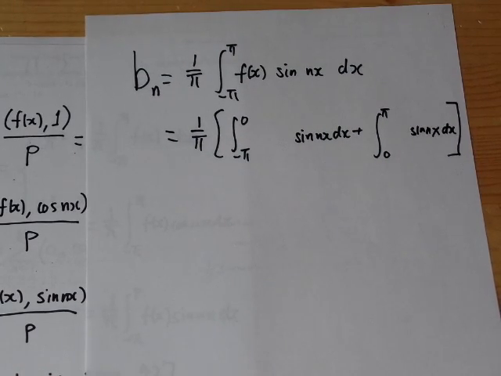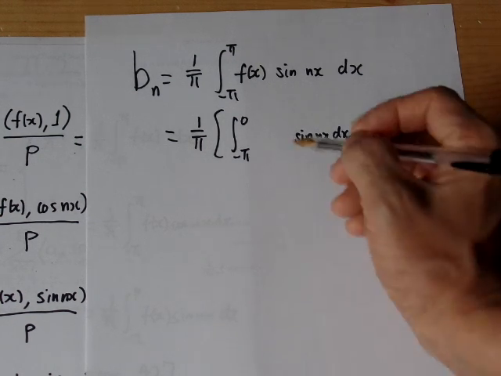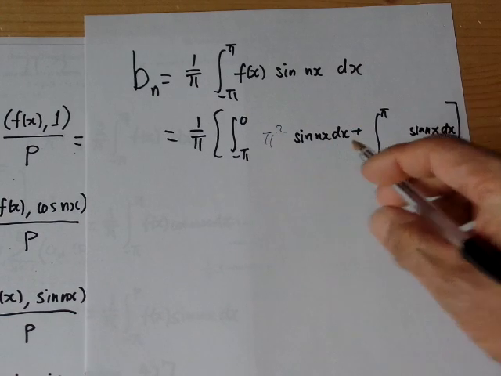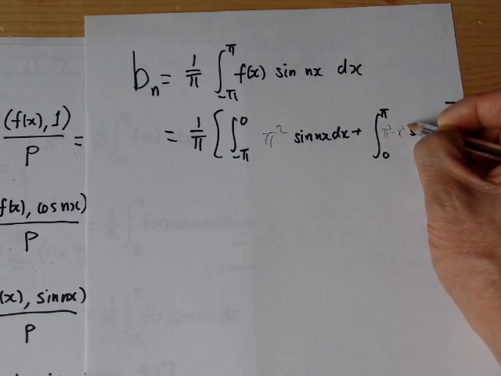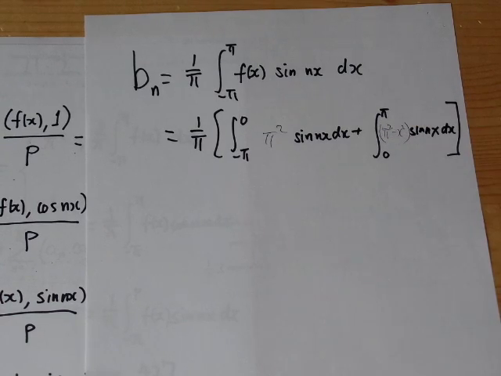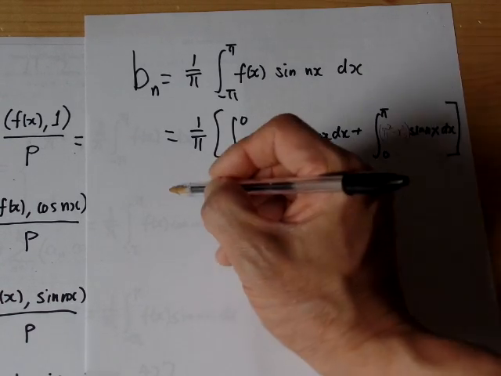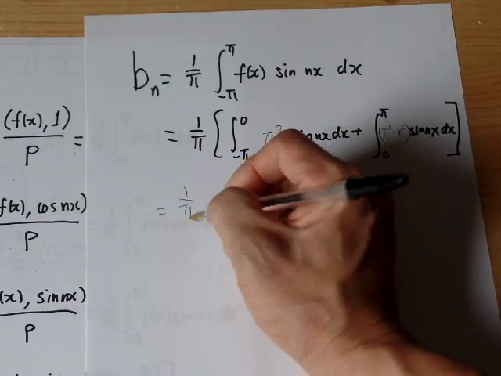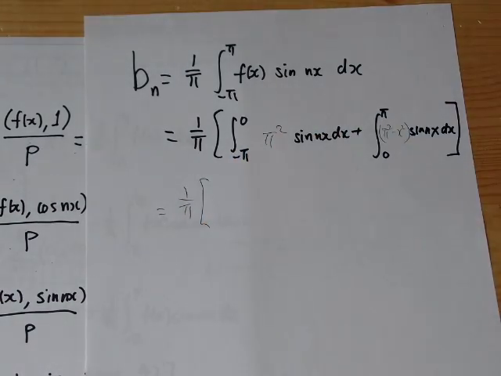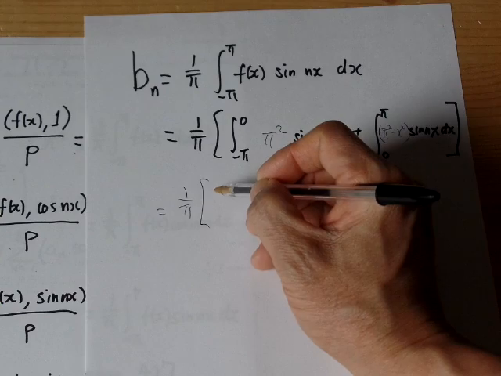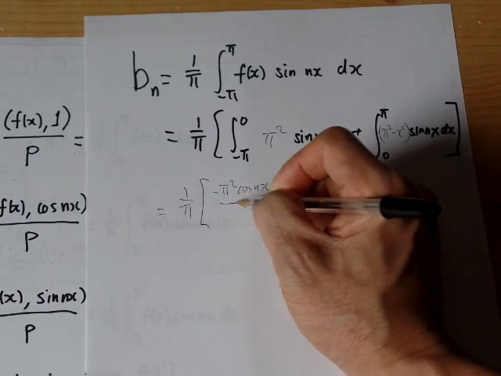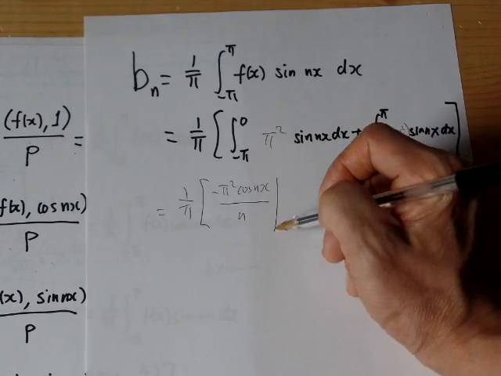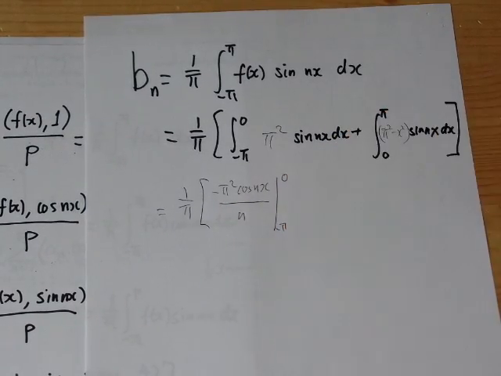And for the same reason, we need to integrate pi squared sine nx and pi squared minus x squared sine nx. Integrating pi squared sine nx is easy. It's just going to be negative pi squared cosine nx over n, with x running from minus pi to 0.